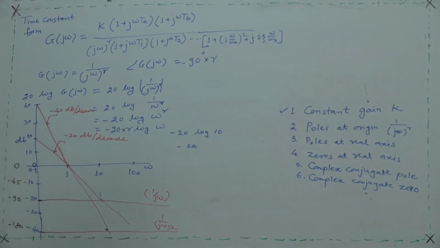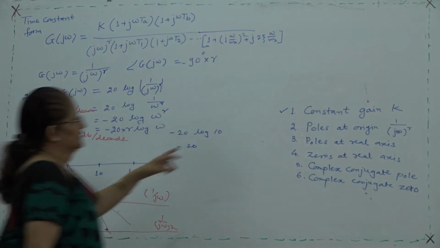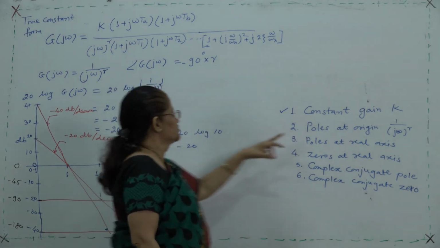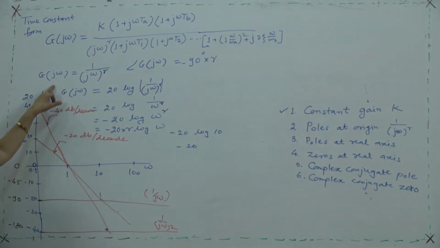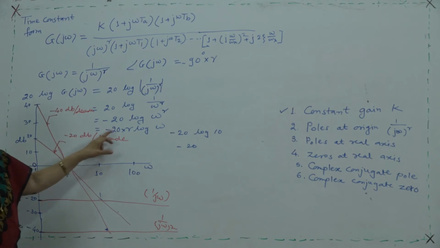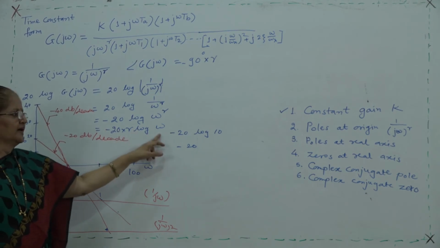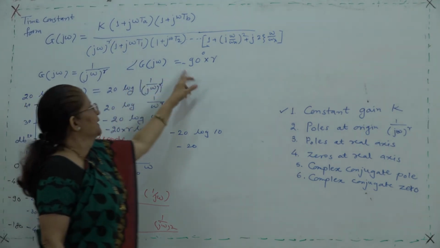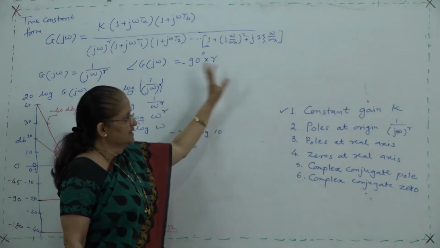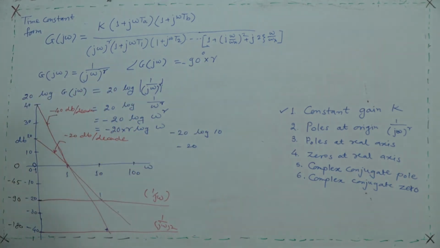So, in general we can write it like this. See whether it is clear. Poles at origin, 1 upon j omega raised to R, will contribute magnitude as minus 20 R log of omega and angle as minus 90 degrees into R. Okay.